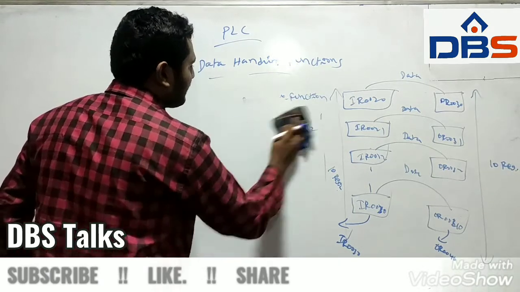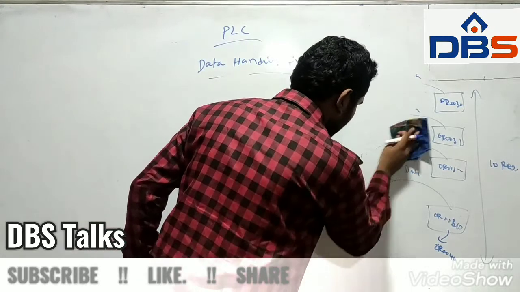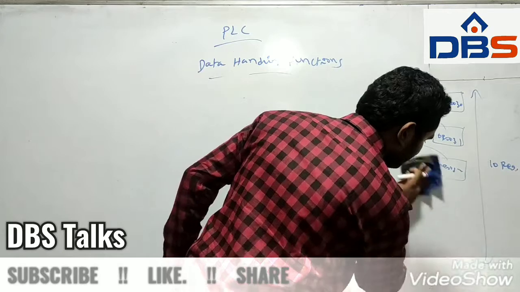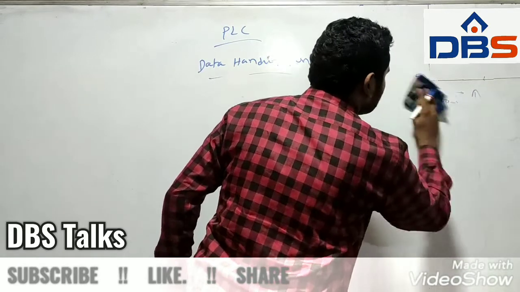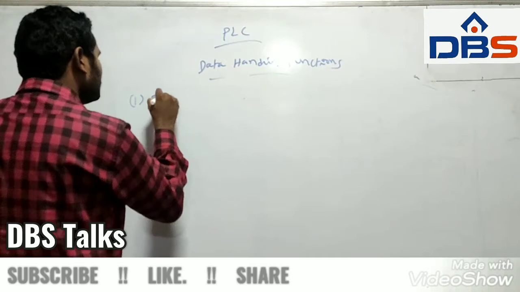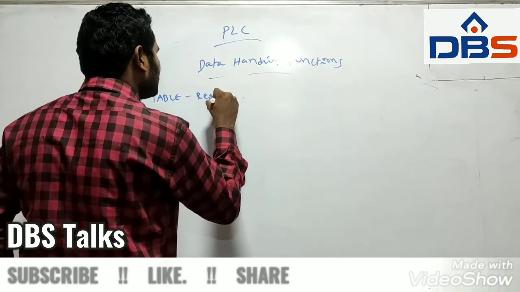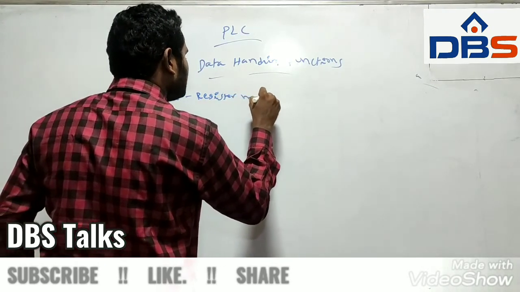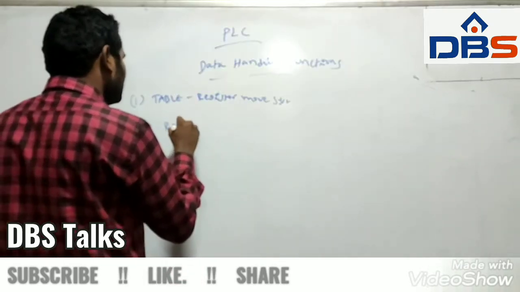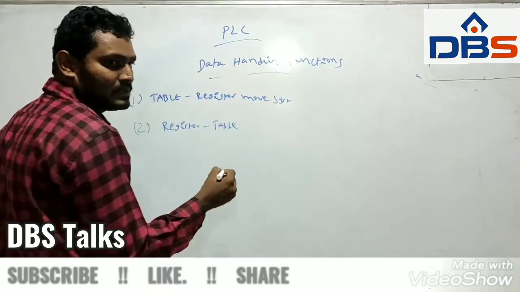Coming to another type of register functions, the data handling functions, we have two subtypes. The first one is table to register move system, and the second one is register to table move system.